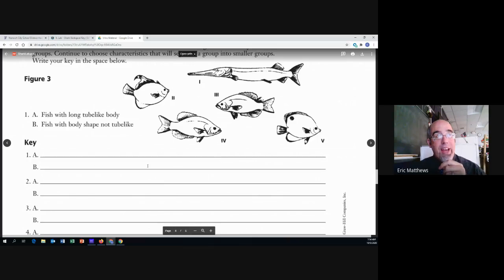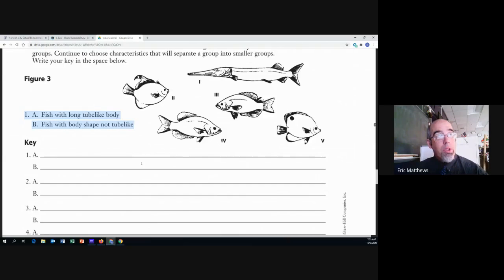If it doesn't have that trait, go to 2. And then at number 2, with the 4 remaining fish, pick out one with a unique trait, identify it. The ones who don't have that, go to 3. Now, if you want, you are welcome to use this one. This is their example, kind of like I provided an example that you can use. You can also use number 1 here in order to start your identification.